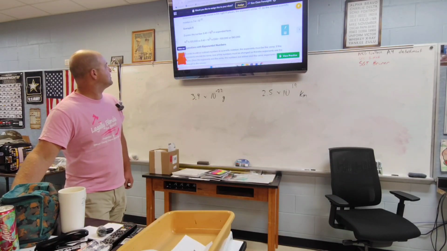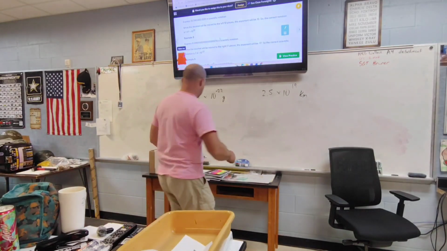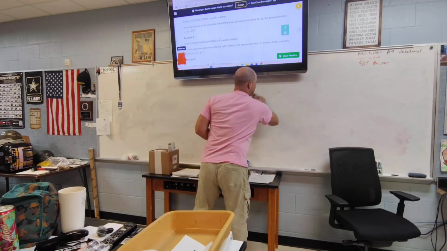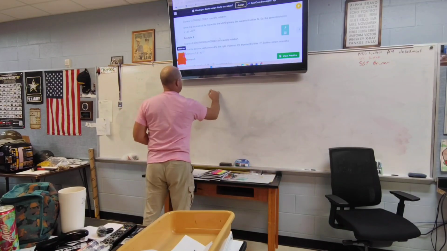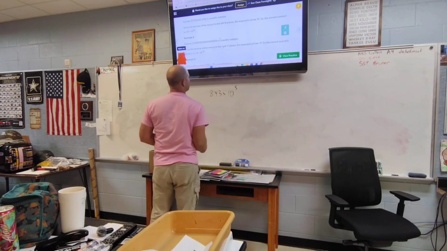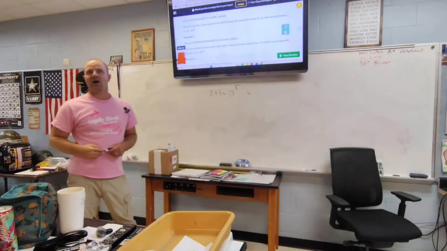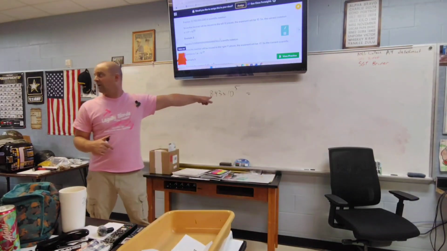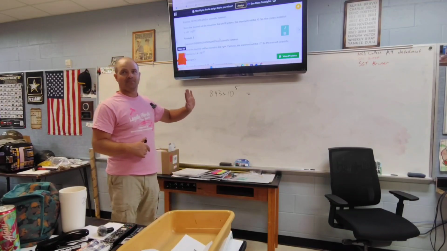And this one working in reverse. So we put it into scientific notation. This one is asking us to take it out of scientific notation. So 8.43 times 10 to the 5 is going to be what? If we take it out. To put it in, it's got a positive number, which means we had moved the decimal place which way?